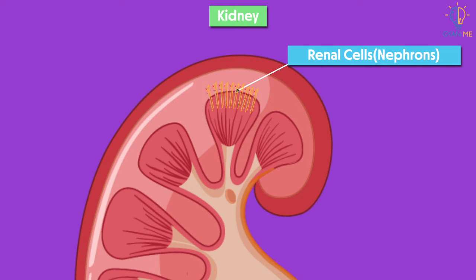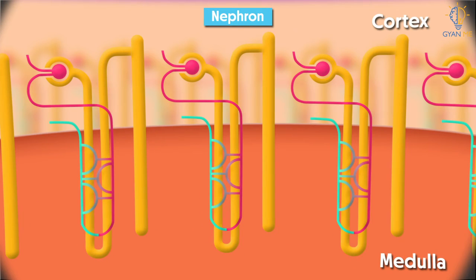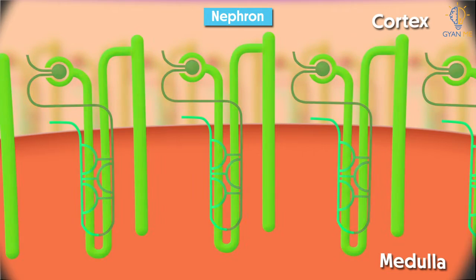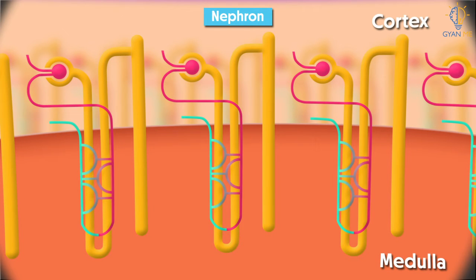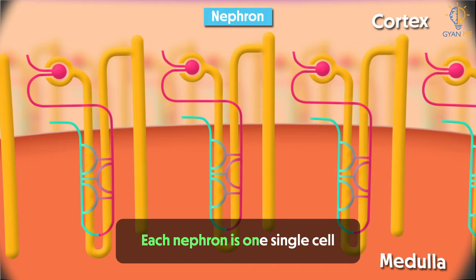Yes, students, you are right. If we observe a human kidney under a microscope, it is made up of millions of microscopic excretory units called nephrons. We will see the structure of the nephron in a later part of our video.